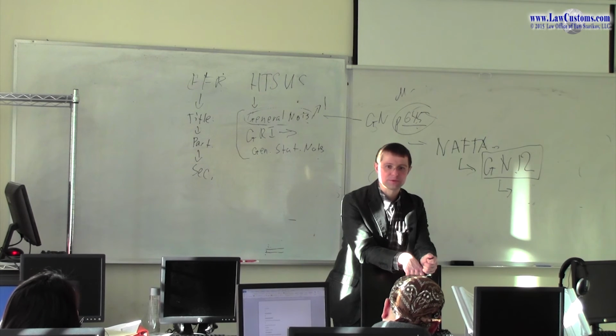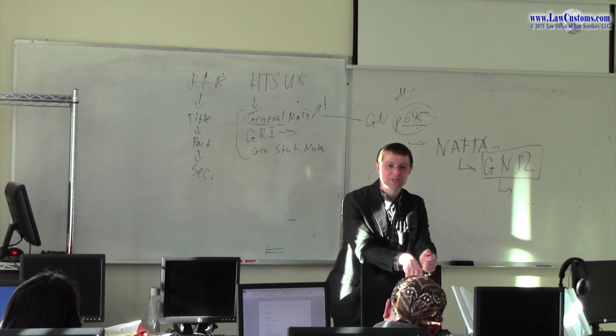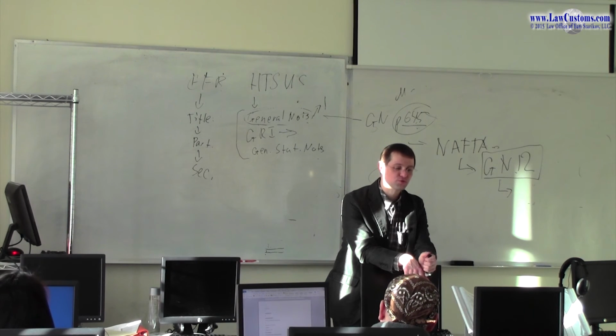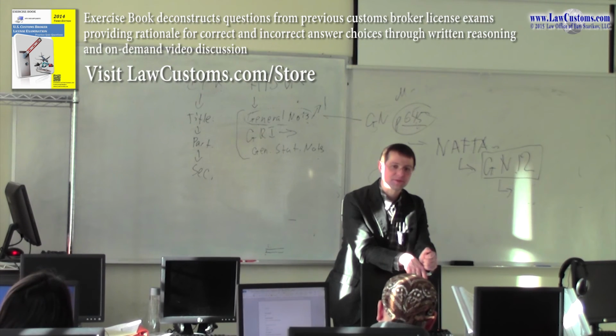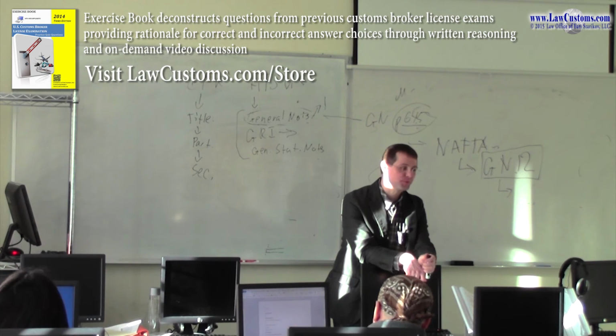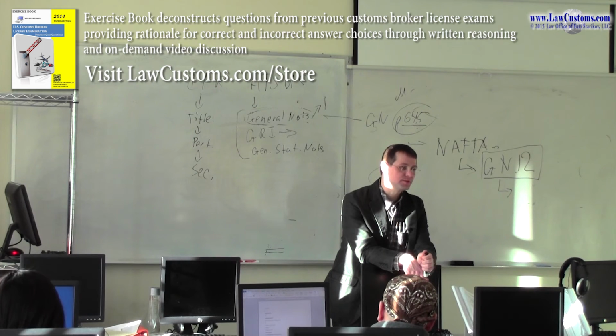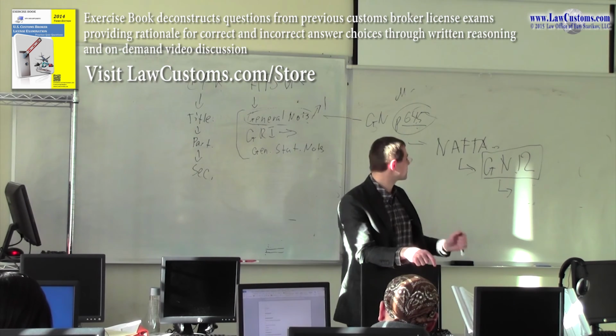Cuba? No. Cuba is under the Trading with the Enemy Act sanctions. You can export under limited license to Cuba, but imports are usually very tiny, if allowed at all. So, free trade agreements.